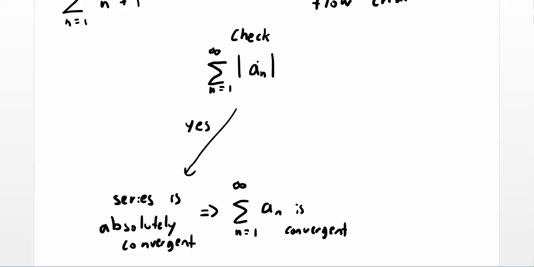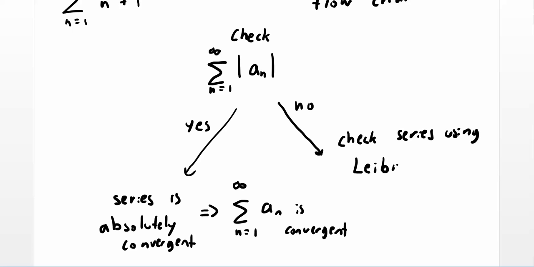If the absolute value of your series does not converge, you check the series using the Leibniz Criteria.